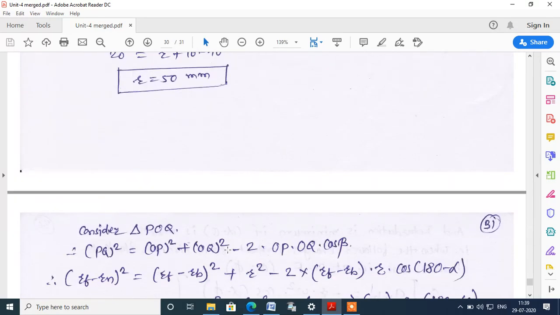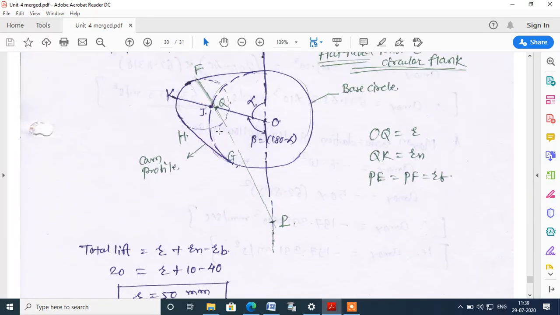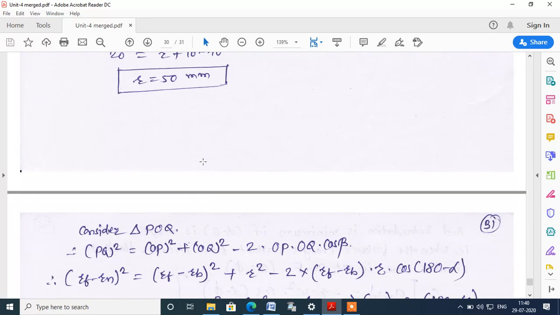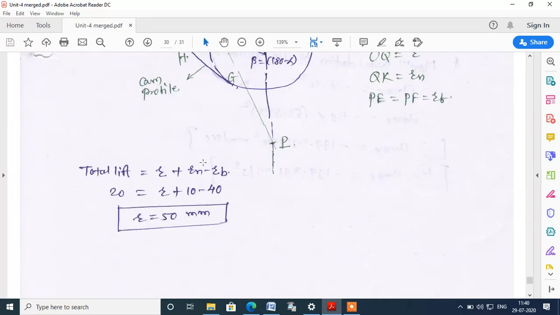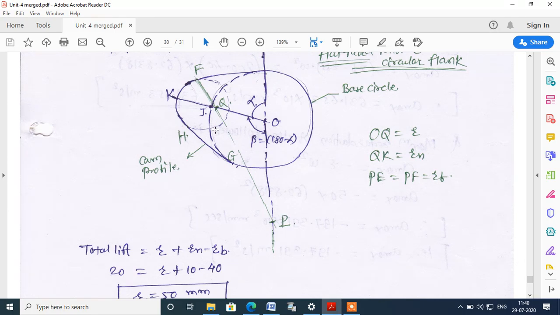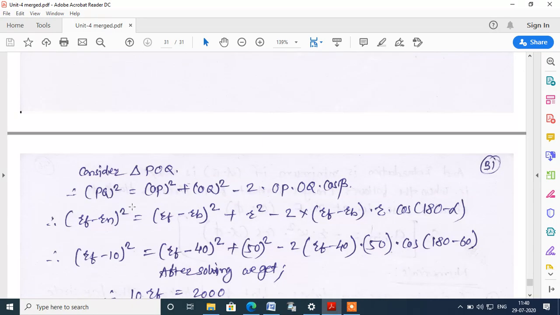Now consider triangle POQ. So PQ square equals OP square plus OQ square minus twice OP into OQ cos beta. This equation we have seen in geometry, studied at the time of mathematics.